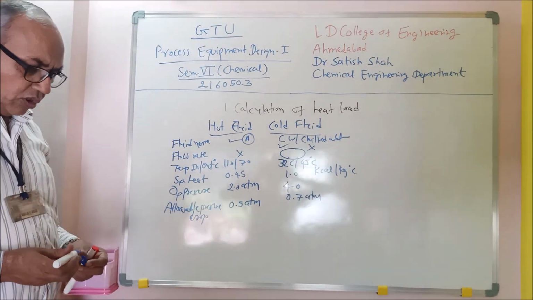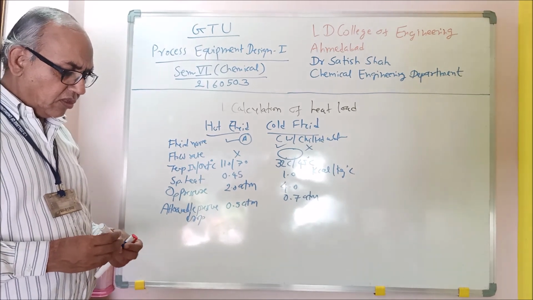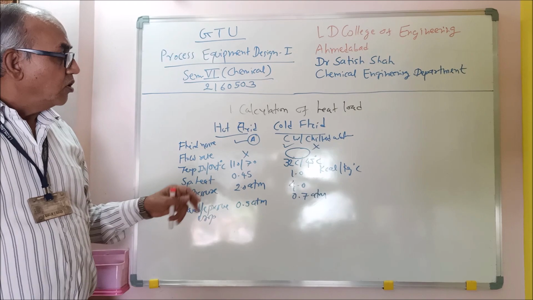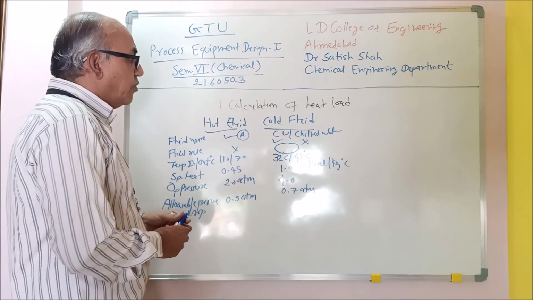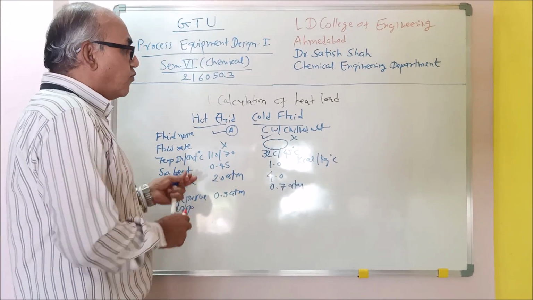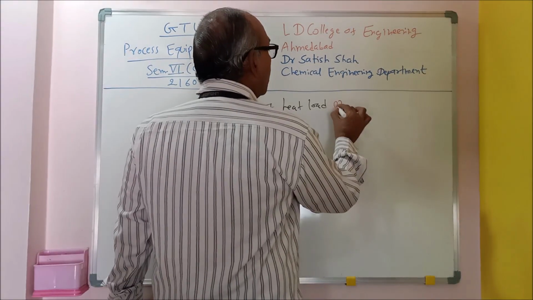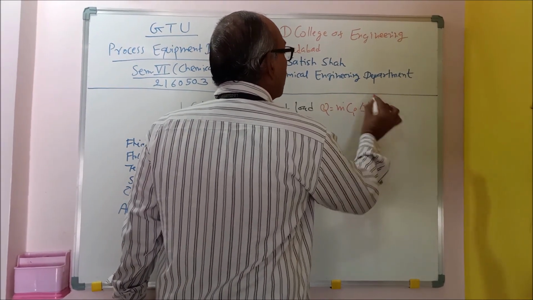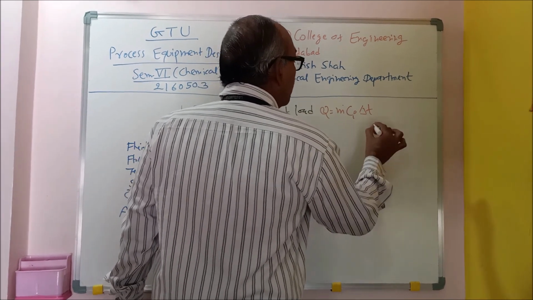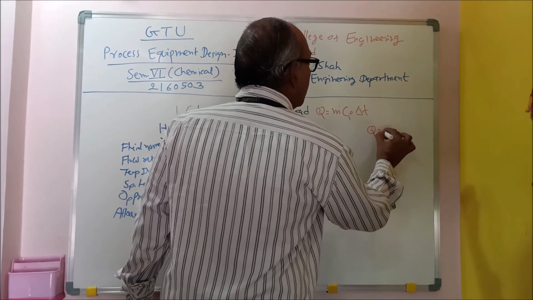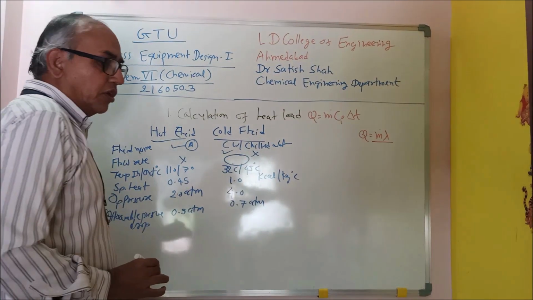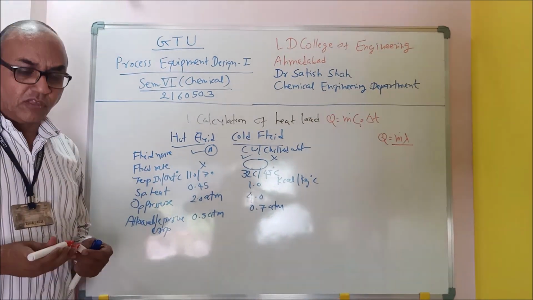So once we know this, we know that this is the sensible heat load change. So I can calculate my heat load using the formula Q is equal to mCp delta T. See, there is one more formula also available, that is Q is equal to m lambda. This I will be using for the calculation of condensation load.